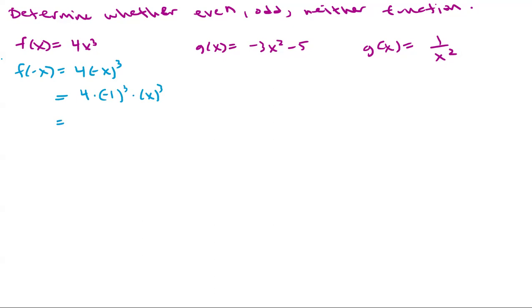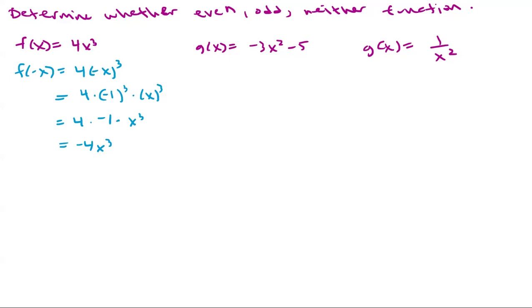So that is 4 times negative 1 to the third, that's just negative 1, because it's negative 1 times negative 1 times negative 1, which is negative 1. And then we have x to the third power. Well, 4 times negative 1, that's just going to give us negative 4, and then x to the third.